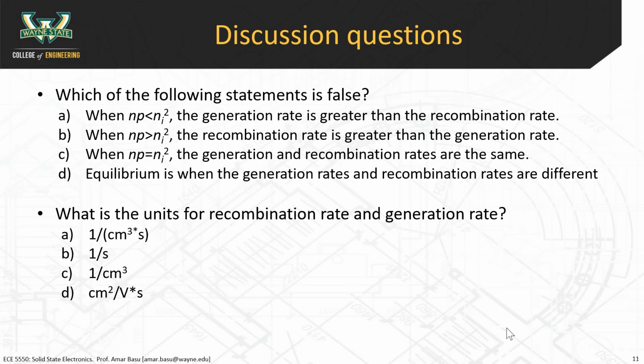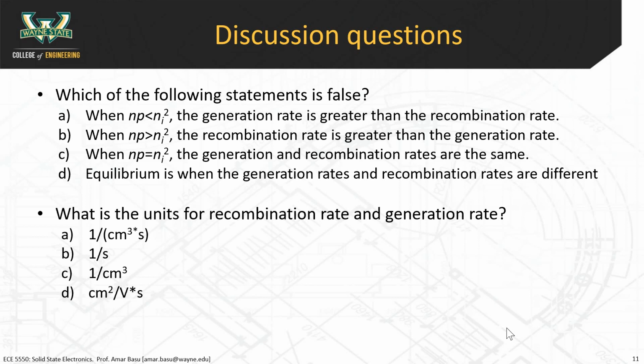The first statement is, when np is less than ni squared, the generation rate is greater than the recombination rate. When np is greater than ni squared, the recombination rate is greater than the generation rate. When np equals ni squared, the generation and recombination rates are the same.